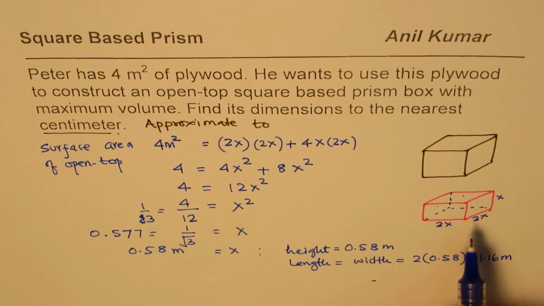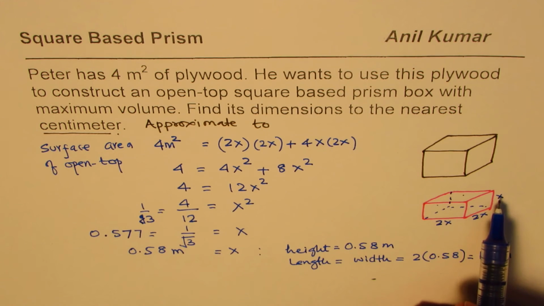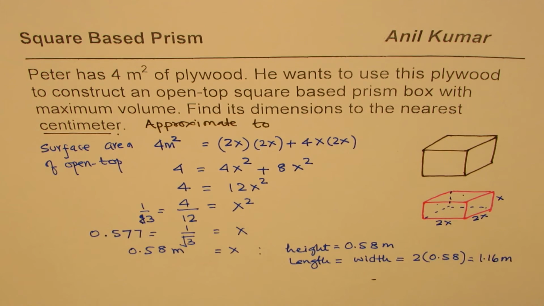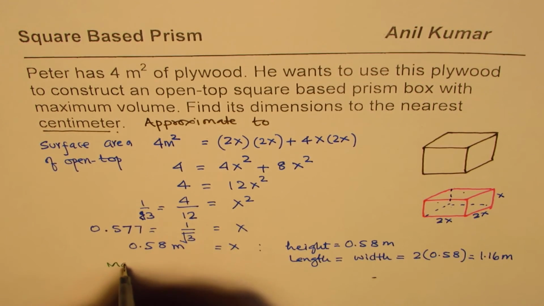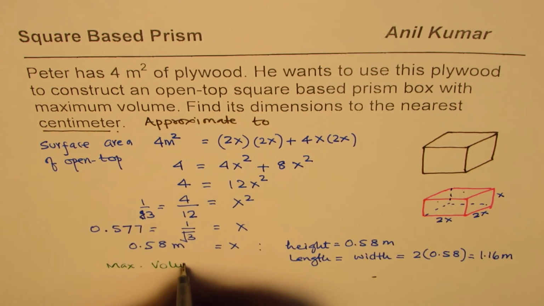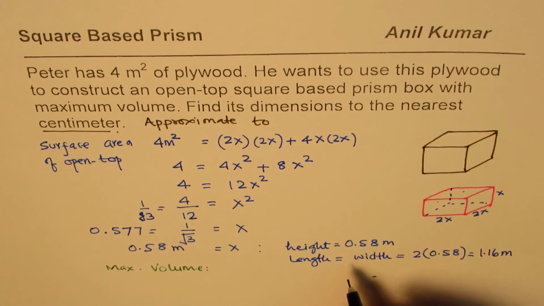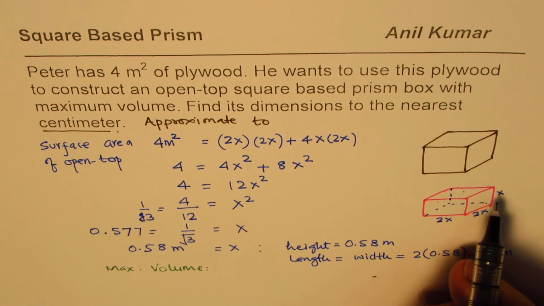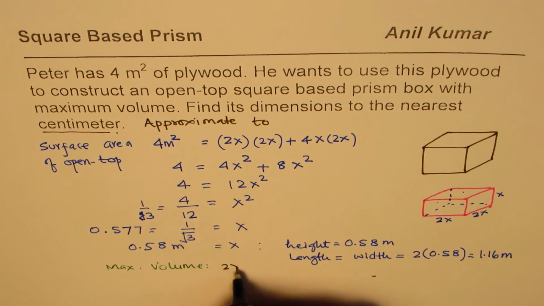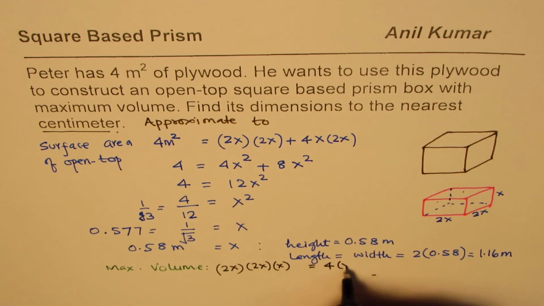You can also find the volume by multiplying the area of the base times height. So that is an extension to this question. So we could extend and find the maximum volume. So the maximum volume in this particular case will be base area, which is 4x squared, times x, or 4x cubed. So it will be 2x times 2x times x, and that becomes 4x cubed.